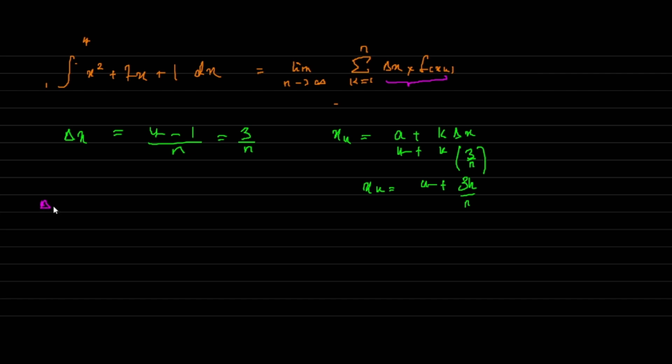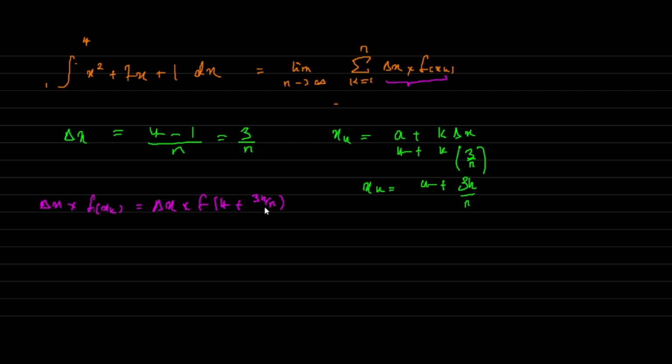So delta x times f of x subscript k is 3 over n times, firstly we're just going to write it in terms of the function notation, delta x times f of 4 plus 3k over n.